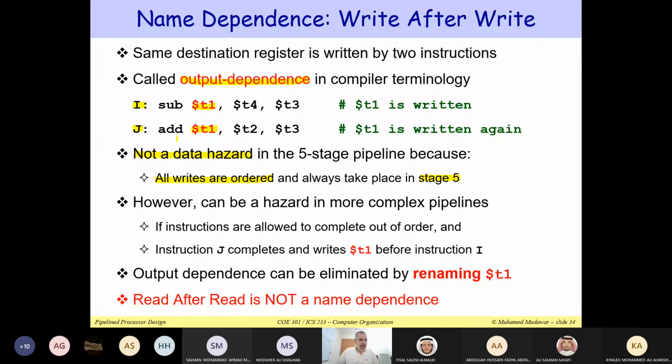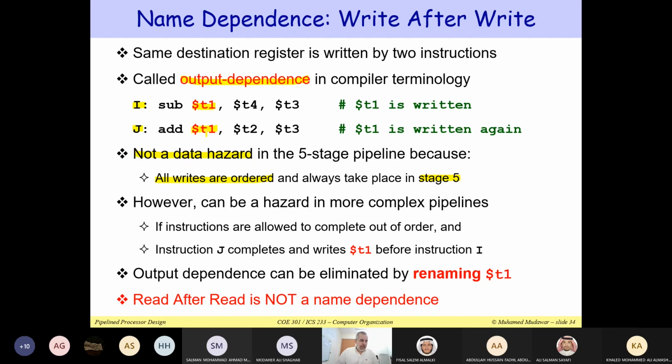And then after that, the add instruction is going to write back to the same register T1. So the writes are ordered because the pipeline is going to execute and complete, write back the results of these instructions in program order. So we can guarantee that the write will take place after the write. We are writing to the same register.